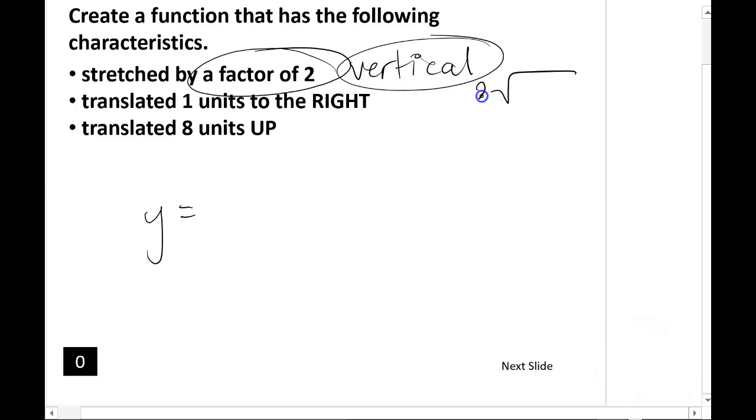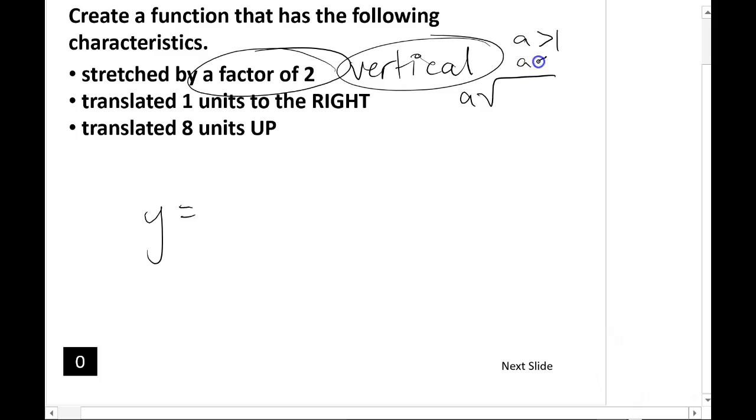We're going to change, for instance, the number that's right here on the outside. So if it was some random, let's say 3, this would be a stretch by a factor of 3. A stretch is caused when that number, we'll call it a, so that we can say this is actually a, is greater than 1.